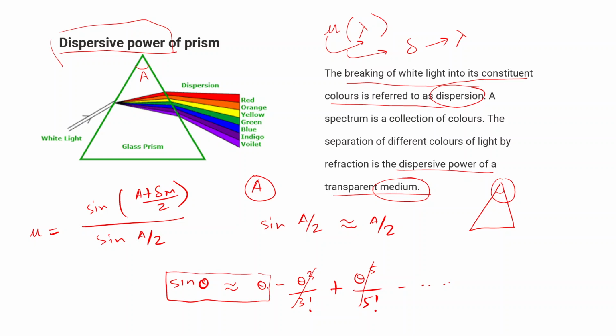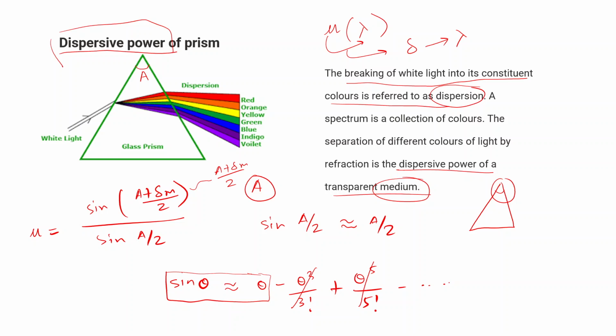So using the same approximation, here what I am saying is, the angle of prism is small enough that I can assume sine of A by 2 to A by 2. Similarly sine of (A plus delta m) by 2, I'll approximate this also to (A plus delta m) by 2.